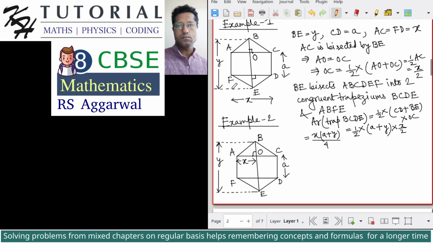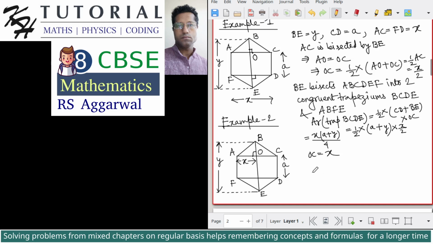So we are given AO is x. So OC will also be equal to x.